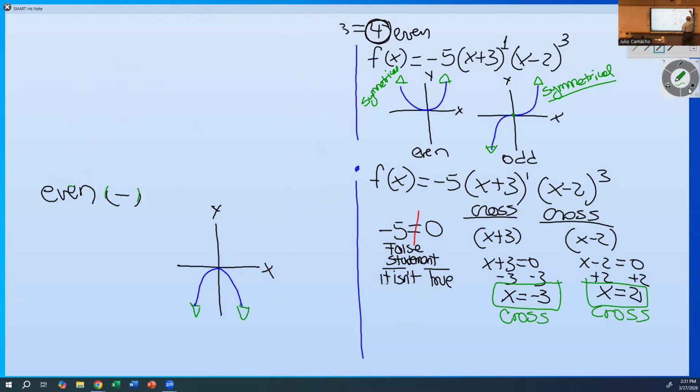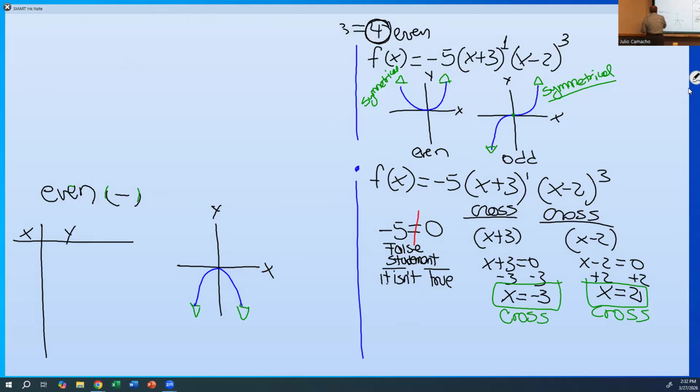I want to make a table of values to give us some points that we can use in this graph. And I'll put here my x and my y.